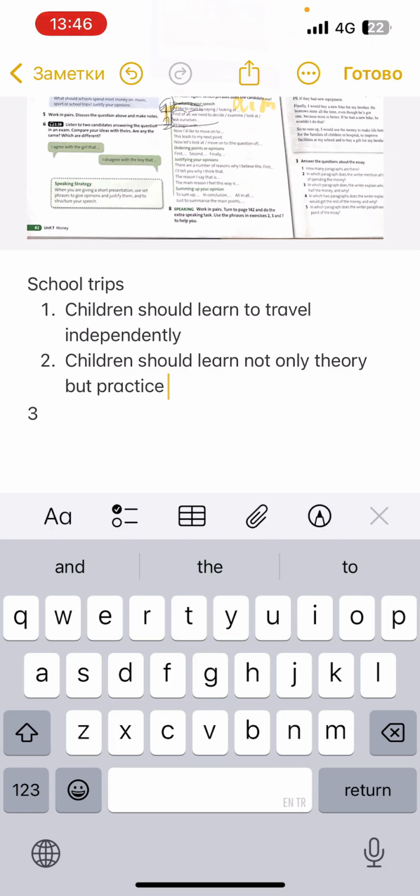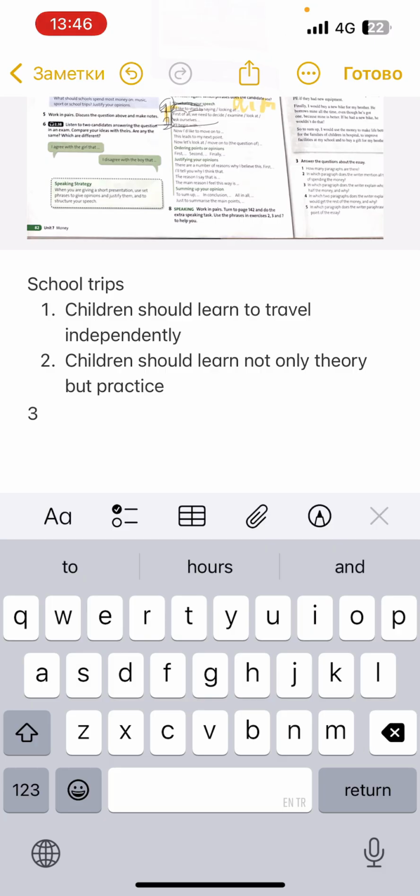Like if they're studying physics, they need to see some laboratories about physics. If they're learning history, they need to go to a museum. So they need to see it, they need to experience it.